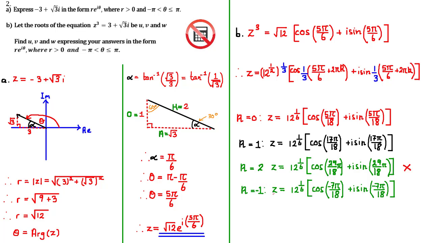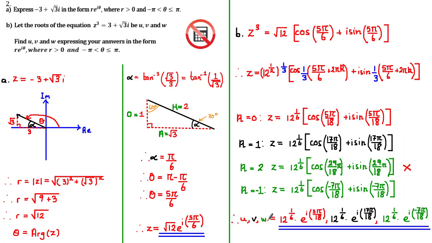Well, when you sub k is equal to negative 1 into this equation, we get an argument of negative 7 pi over 18, which does indeed fall within this range, negative pi to pi radians, and therefore works as one of the solutions. And so we can write these roots in exponential form as u, v, w is equal to the sixth root of 12 times e to the power of i 5 pi over 18, which was the argument of the first root when k was equal to 0.